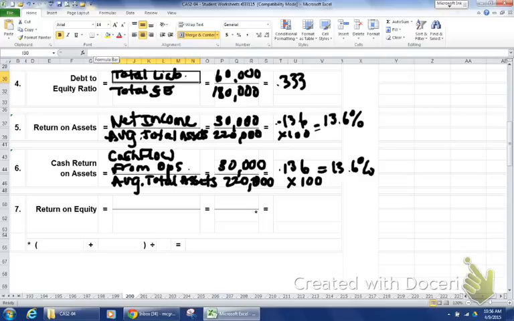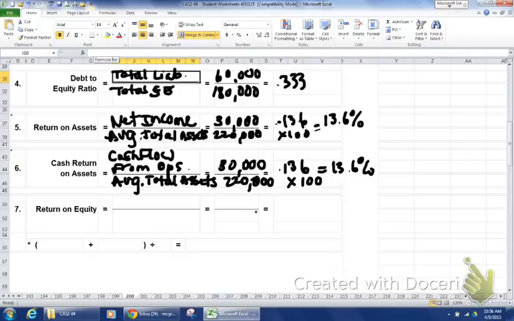This particular ratio is another measure of the productivity of a company's assets. It's basically relating the cash flow from operating activities to the average total assets that the company has on its balance sheet. So a ratio of 13.6% basically means that the company generated 13.6 cents of cash for every dollar of average total assets during this particular year.